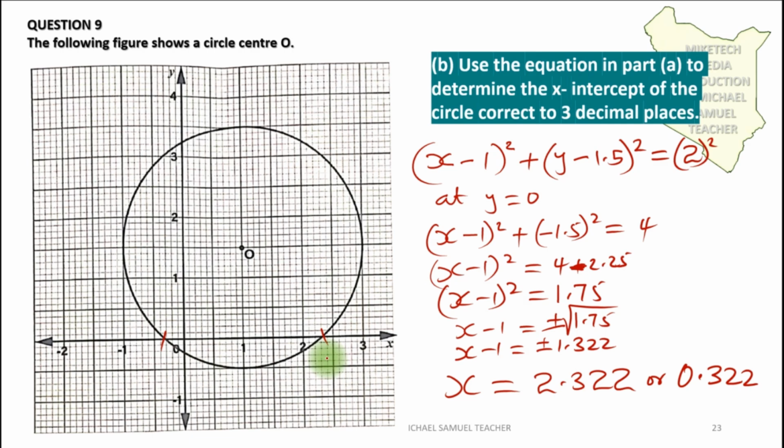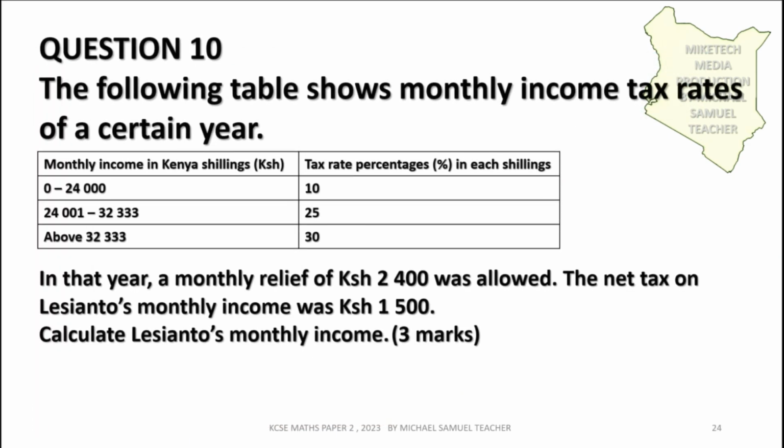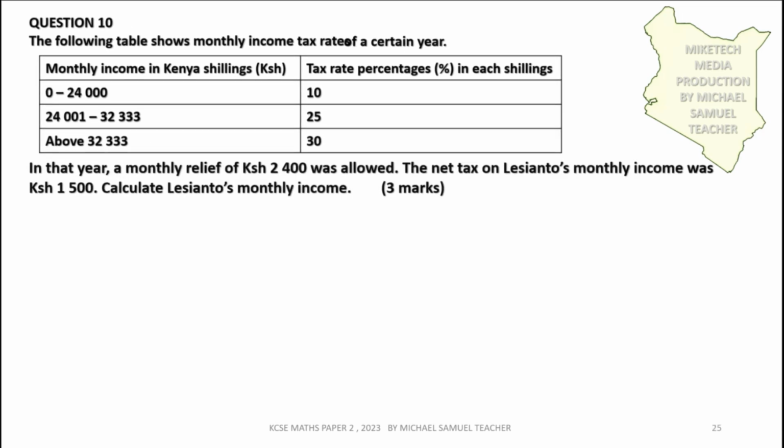We move on to question number 10. The following table shows monthly income tax rates of a certain year. So here you have the table, monthly income in Kenya shillings, and also the tax rate percentage in each bracket.